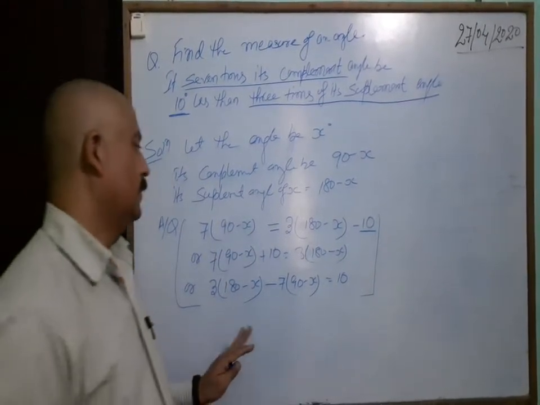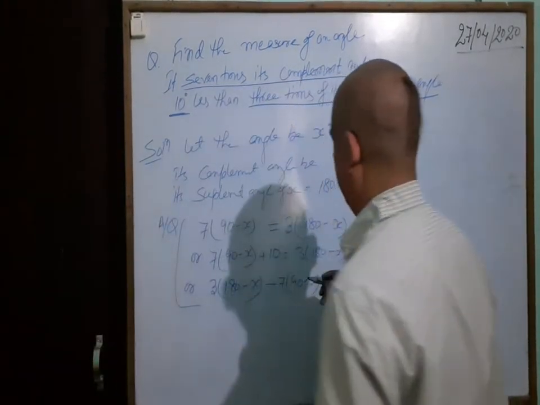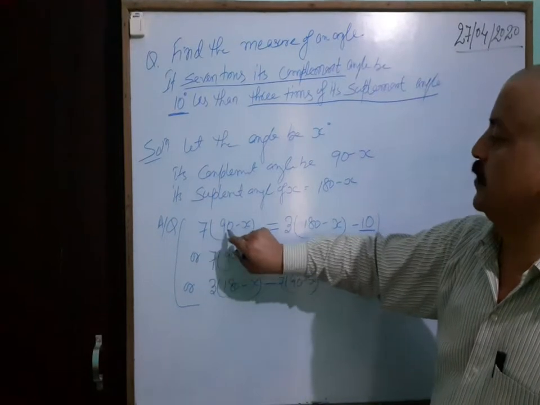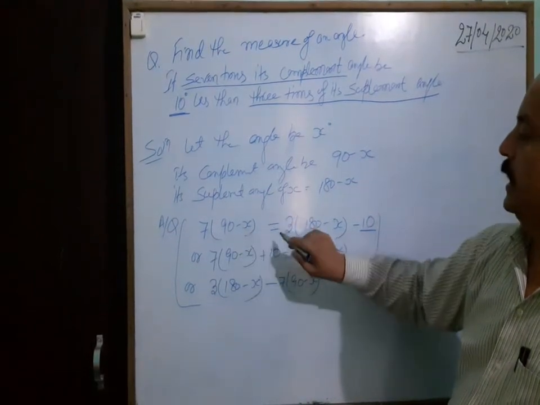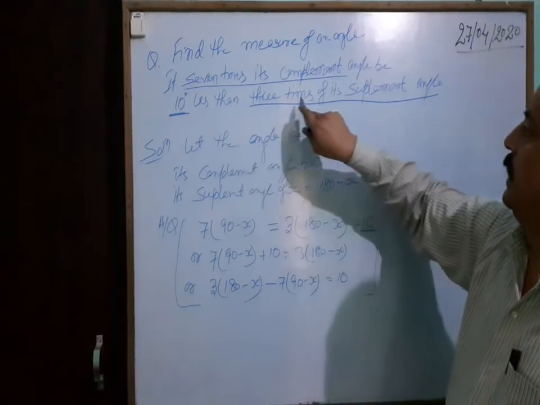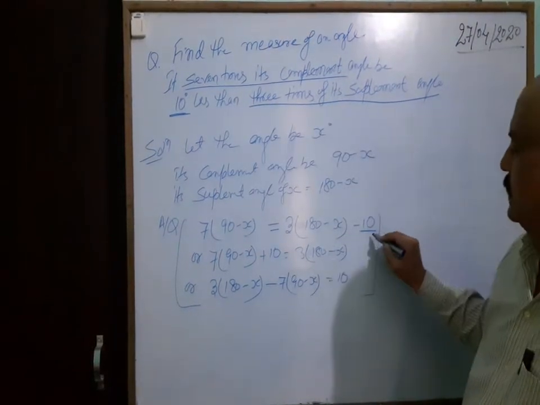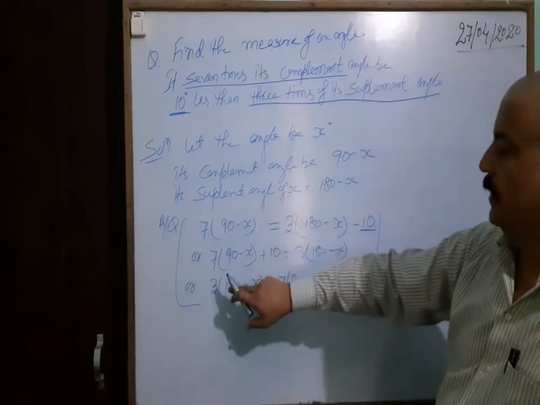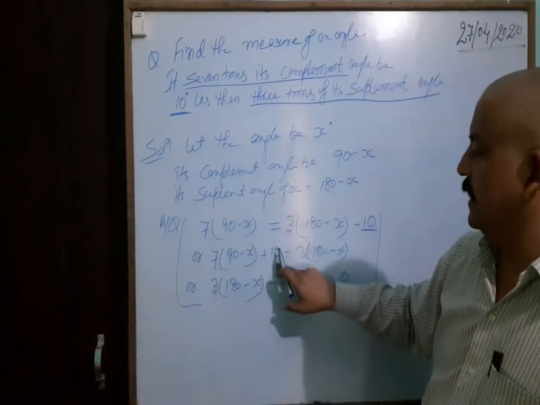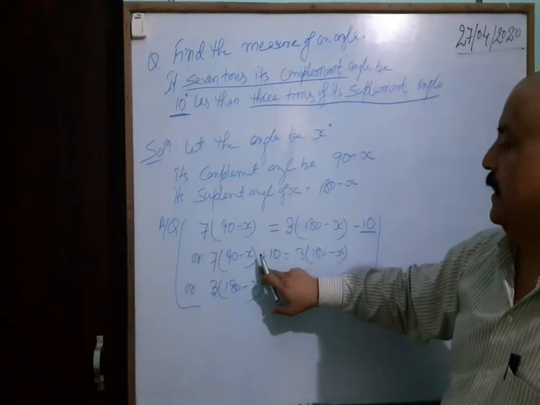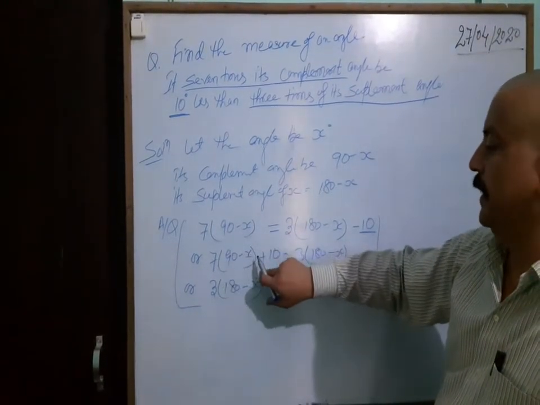All are the same. First, 7 times the complement angle is less than 3 times the supplement angle, so if we subtract, it equals 10 degrees. Next, if we add the 10 degrees to 7 times the complement angle, then it also equals 3 times the supplement angle.